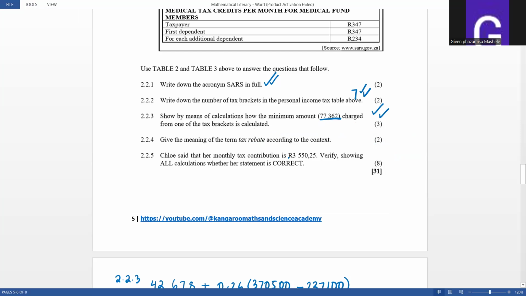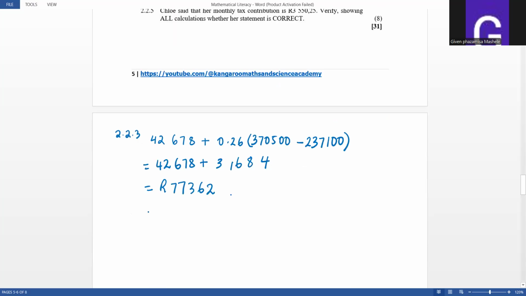Showing all calculations, determine whether her statement is correct or not. We want to show whether her statement is correct or not. So let's do that. First of all, this is 2.2.4.